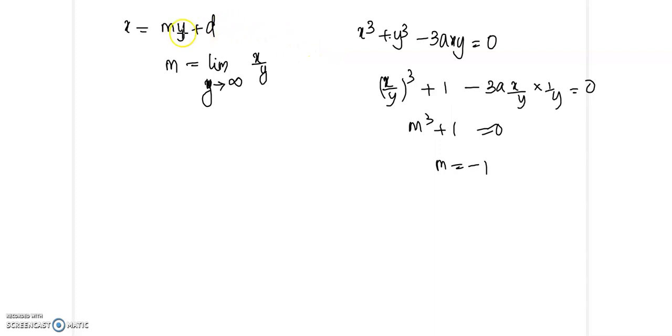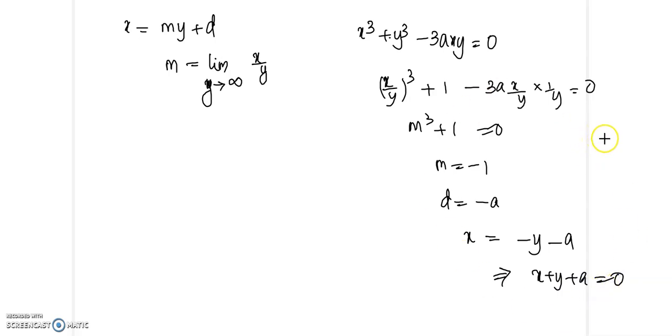Just as we found the first asymptote, when we find d here also, you are going to get -a. So the equation of asymptote will be x equal to -y minus a. So that will again give x plus y plus a equal to 0, which is the same asymptote. So here for this particular curve there will be only one asymptote, which is given by x plus y plus a equal to 0.